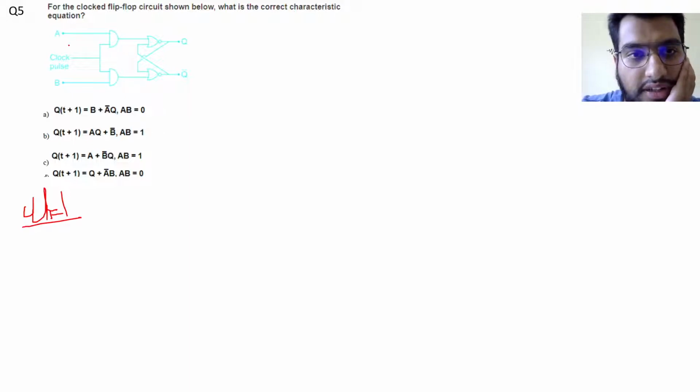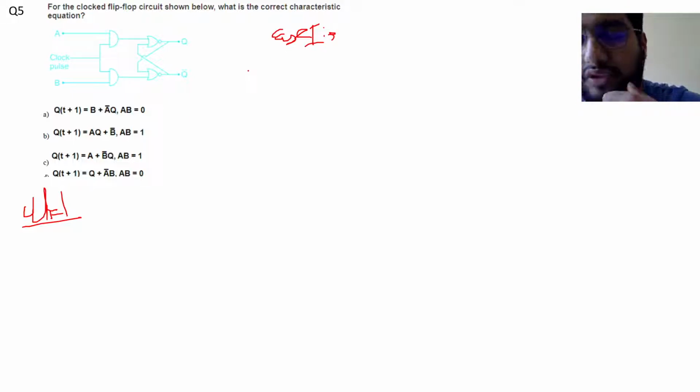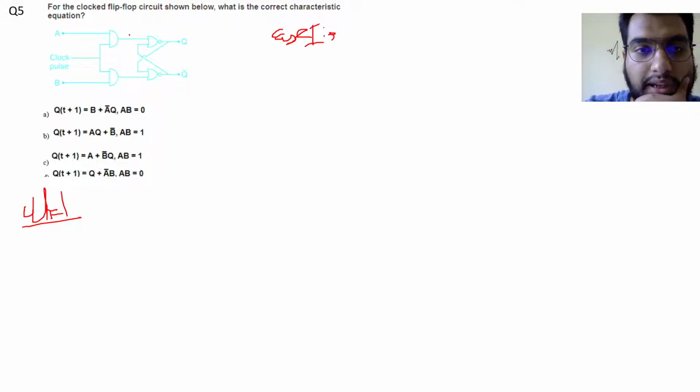So when A is 0 and B is 0, since it's an AND gate, both the inputs will be 0 and 0. So this is case first. This is an elaborated method I'm showing. Most of you might directly know the answer for this, but just from a concept point of view. Let us consider this as A star and this B star.